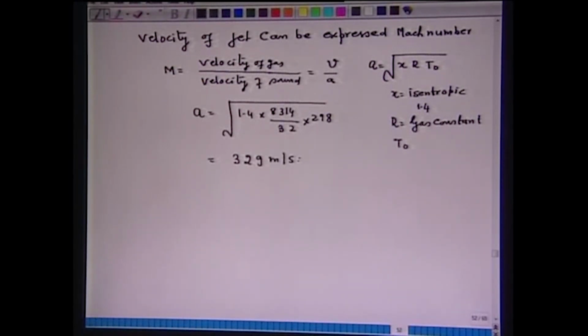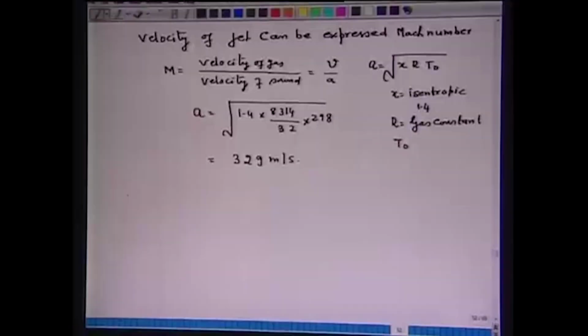That means, this is the velocity of sound. So, thus M is equal to 1 means the gas exits the nozzle at sonic velocity.